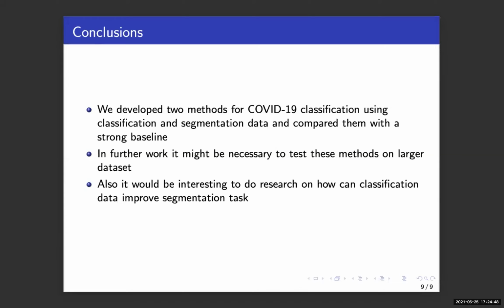And also one further direction is to look more at self-supervised learning, because it seems to be developing quite rapidly in the last, I would say, 5 or maybe 4 years. And when we have a large amount of data without labels, it is a very good method to use. So these are the main conclusions.